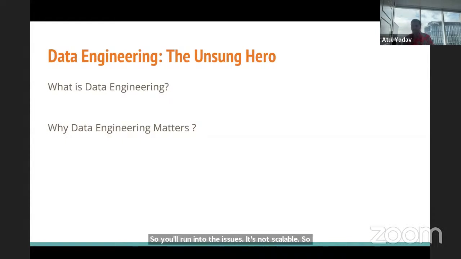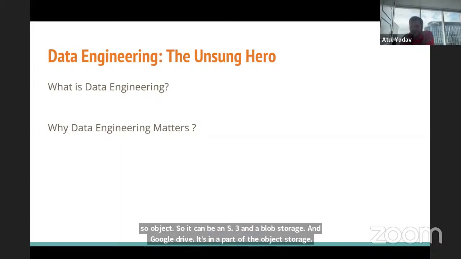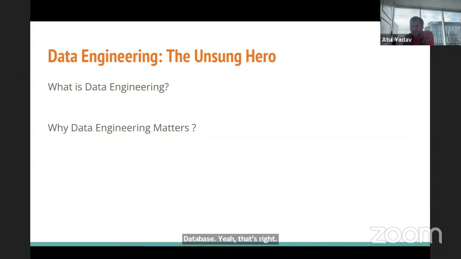Because in cloud there are other things as well. Like you have the object storage. Object storage can be S3, blob storage, and Google Drive. It's a part of the object storage. Database, yeah, that's right. SD card, no. Repositories, not exactly. Quantum computer is a separate thing, so let's not mix the quantum thing here.